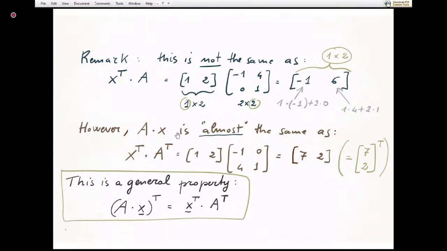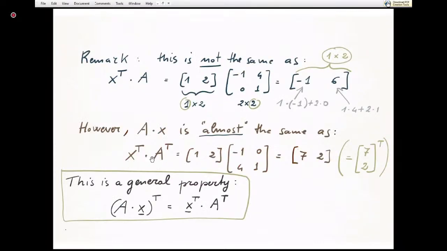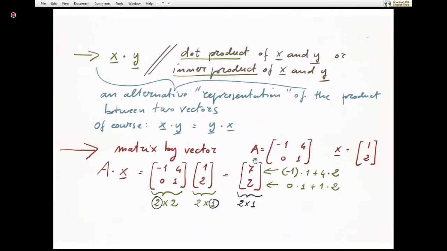But, however, A times X is almost the same as, look at this, A times X. I want to multiply X first, so X times A, and I transpose both, so it is X transpose times A transpose. If you do that, you get the same vector as before, which was 7, 2 column. Now it is 7, 2 row.